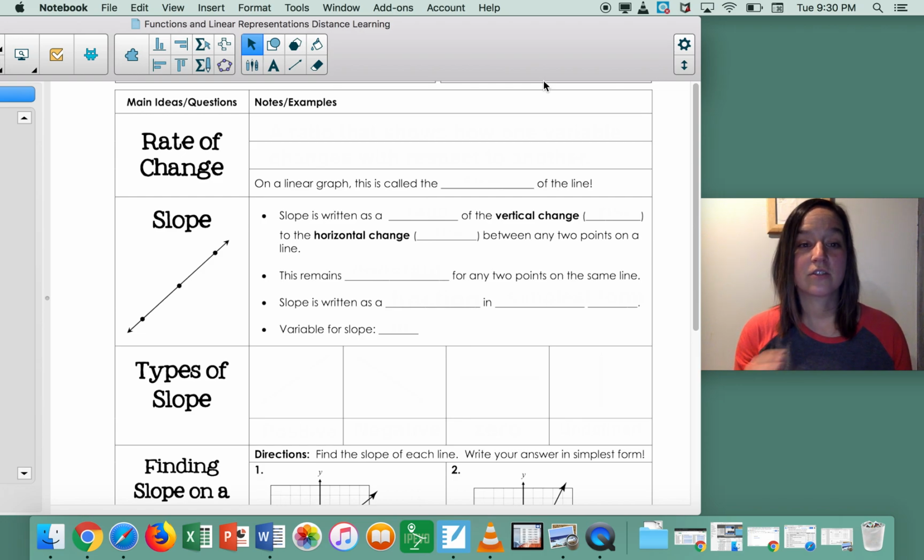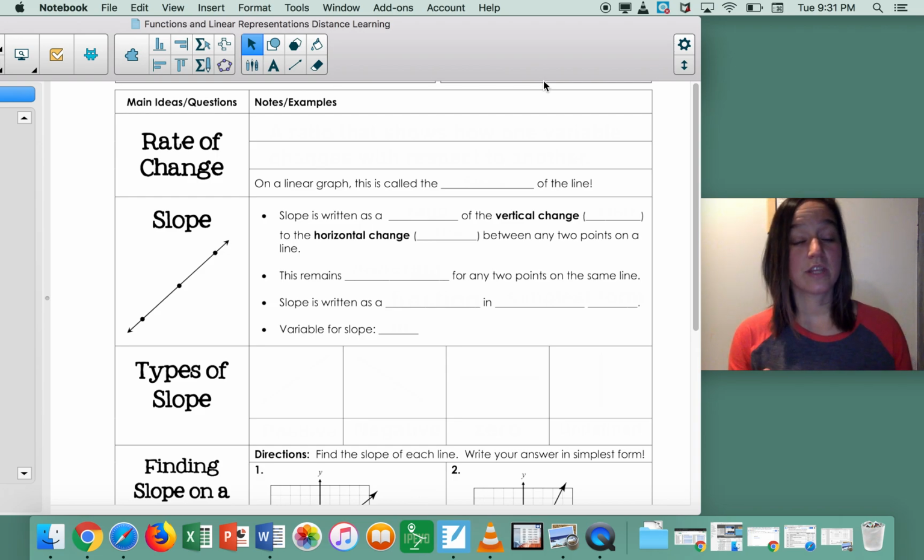On Schoology, I'm going to be posting everything that we've done here with a little bit extra, because you'll notice there are a lot of problems that I skip. But on the filled-in notes that I post on Schoology, you'll see all of those are done, so you can always do extra problems and check. I posted the blank one, and I'm posting the one with all of the answers in it.